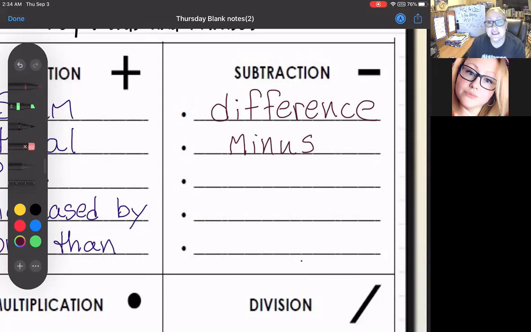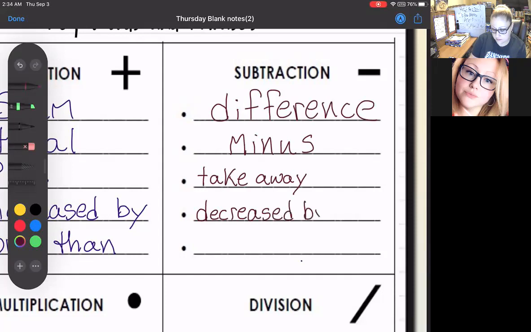What about take away? Or decreased by. What about subtracted from?